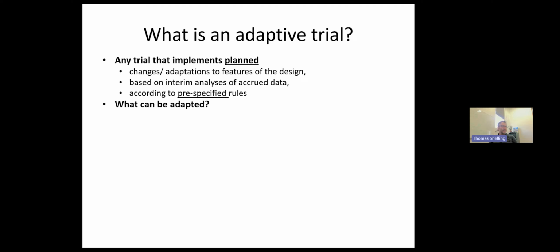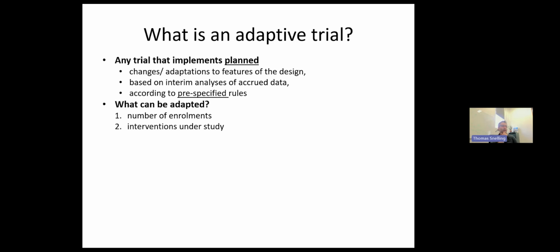What are the various things that people adapt? The most common thing is the number of enrolments into a trial. So this is trying to enroll just as many participants in a trial as is needed to satisfactorily answer the question, and not more and not fewer.